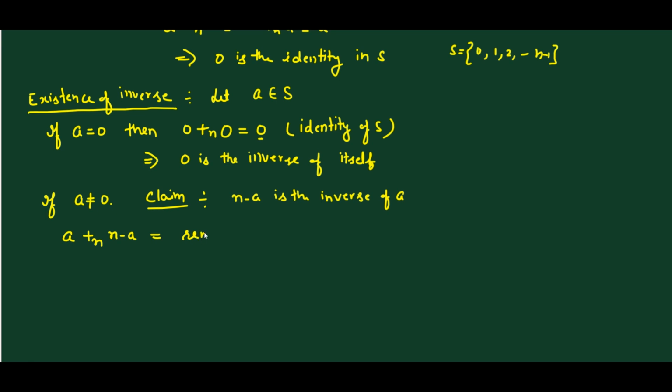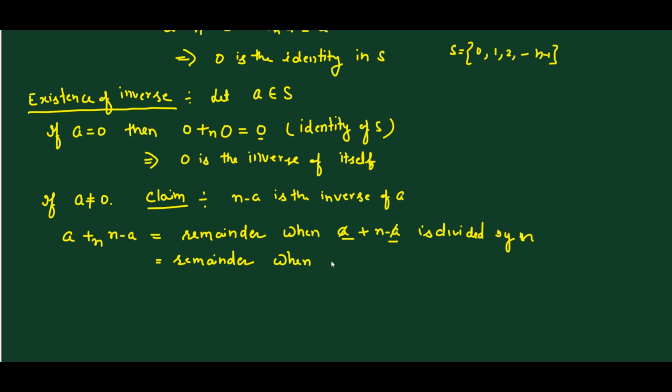This is the remainder when a plus n minus a is divided by n, and this is equal to the remainder when a gets cancelled with a, when n is divided by n.